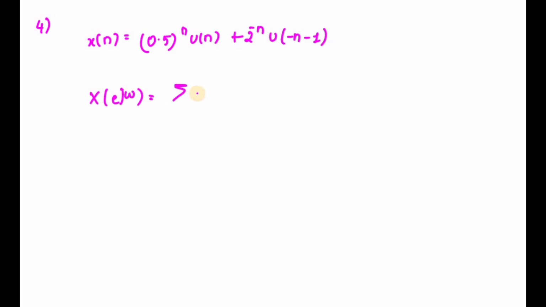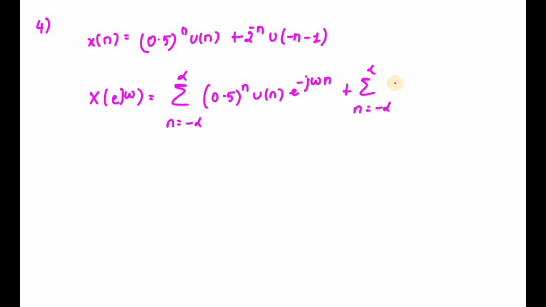You know the formula, right? For x of n, you have to substitute 0.5 power n u of n e power minus j omega n, summation n equal to minus infinity to infinity, plus summation n equal to minus infinity to infinity 2 power minus n u of minus n minus 1 e power minus j omega n.